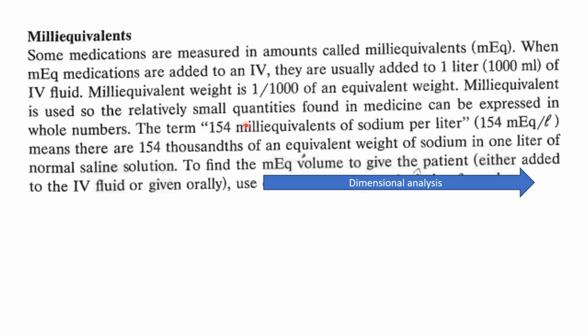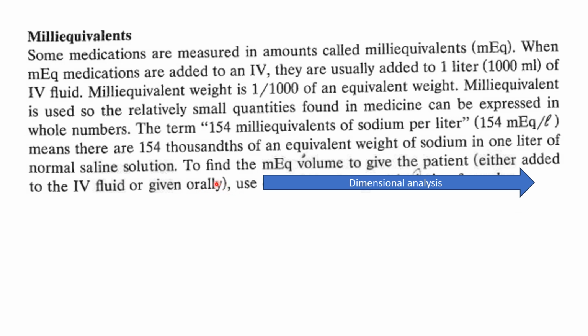Milliequivalent is used so the relatively small quantities found in medication can be expressed in whole numbers. The term 154 milliequivalents of sodium per liter means that there are 154 thousandths of an equivalent weight of sodium in 1 liter of normal saline solution.